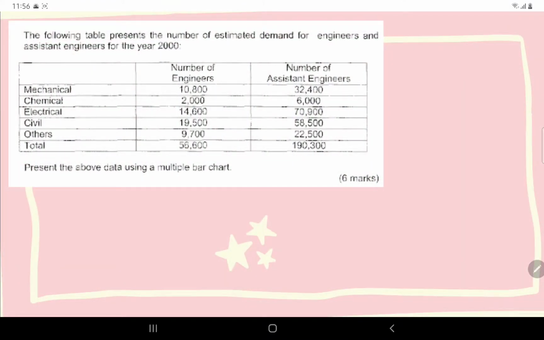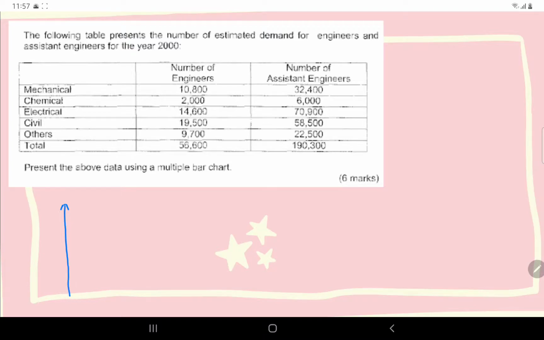First, we need to label the vertical axis, or the y-axis, with the number of objects. So here is our vertical axis. The vertical axis is for the number of objects.